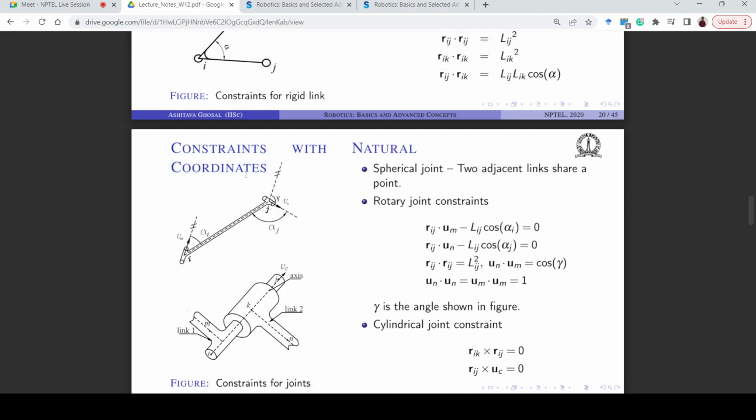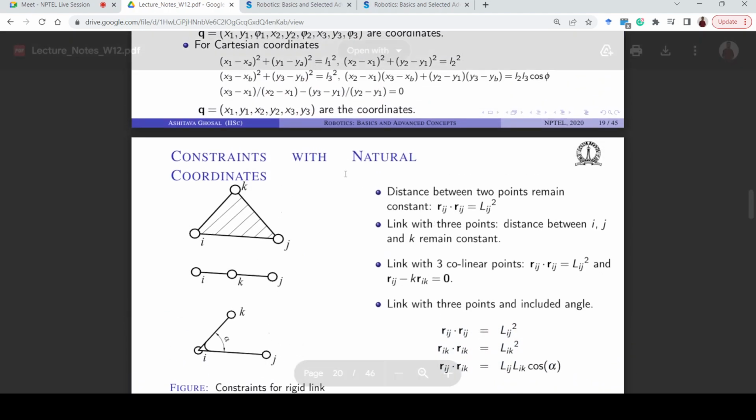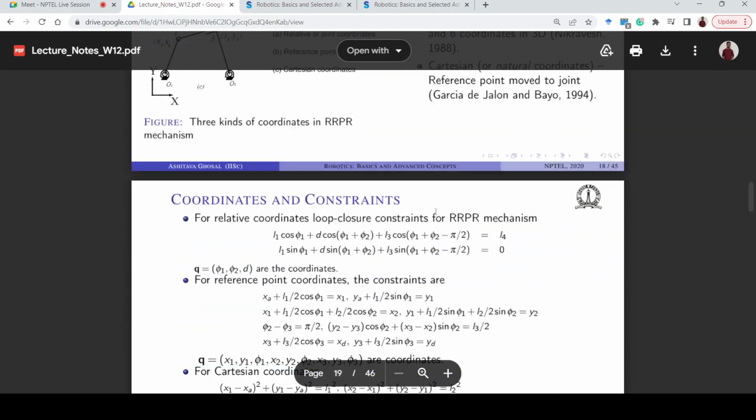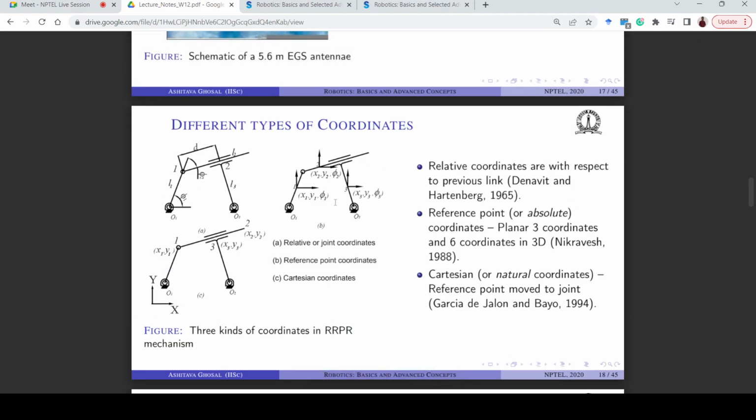In this section, it has been discussed how you actually write the constraint equations using natural coordinates. You can use any of the coordinates, but when you change your coordinate system, you also have to change the way in which you write your constraints.